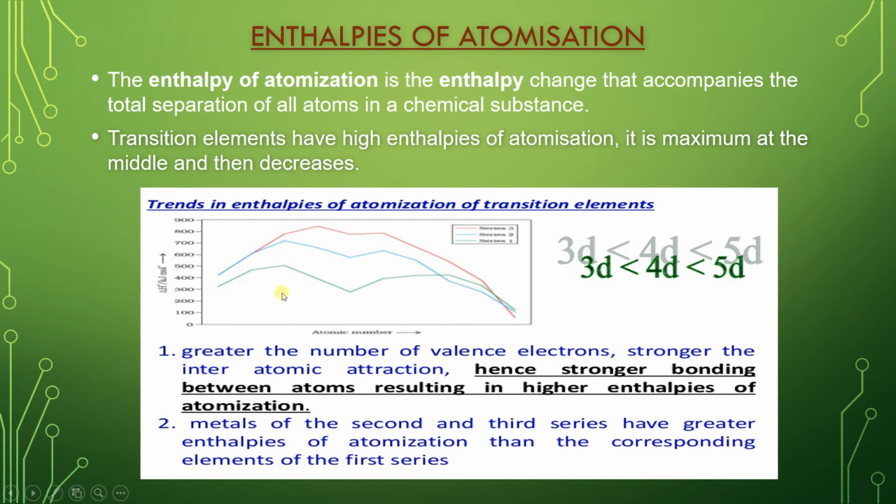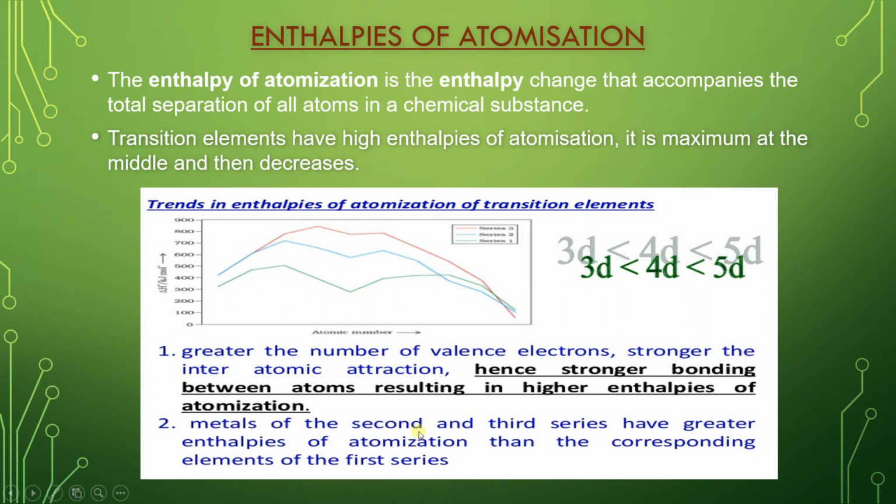As we see in the graph of enthalpy of atomization versus atomic number, the greater the number of valence electrons, the stronger the interatomic attraction. Hence, stronger bonding between atoms results in higher enthalpies of atomization. In the graph there is an increase in the enthalpy of atomization, it reaches a maximum and then decreases.